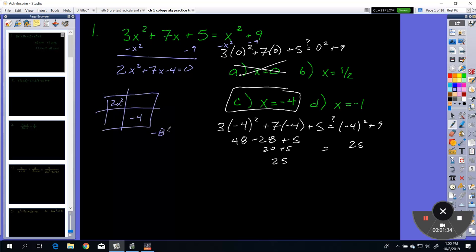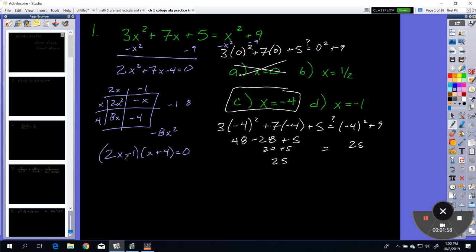So it has to multiply to be -8 and add to be +7. So that's -1 and +8. So -x, +8x. Those are divisible by 2. That's a 1. That's a -1. That's 4. So it factors to be 2x minus 1, x plus 4.